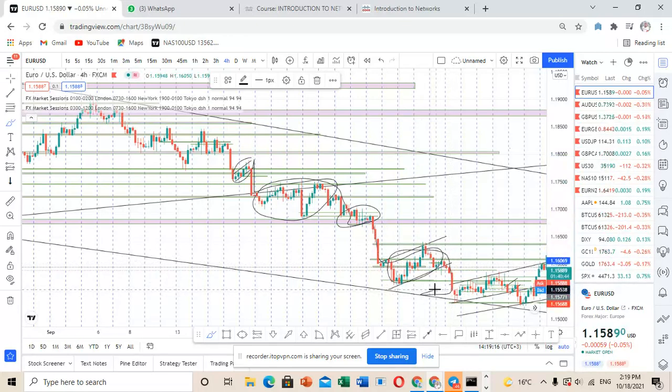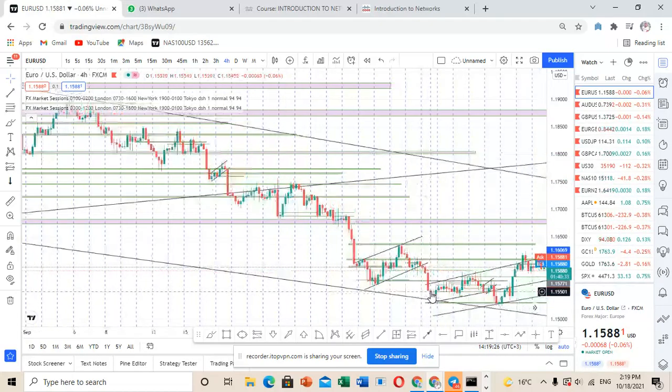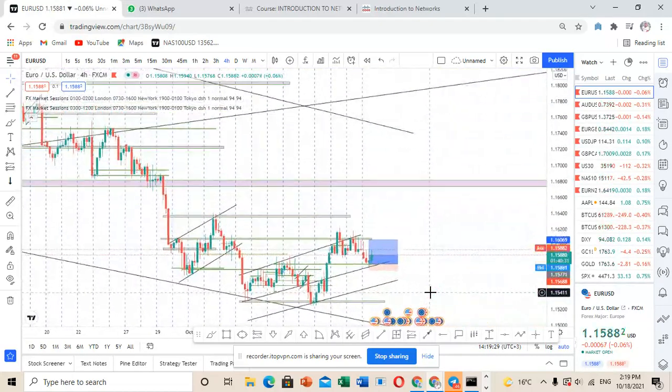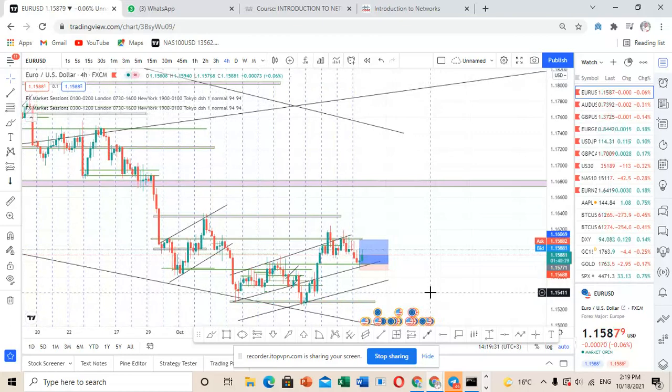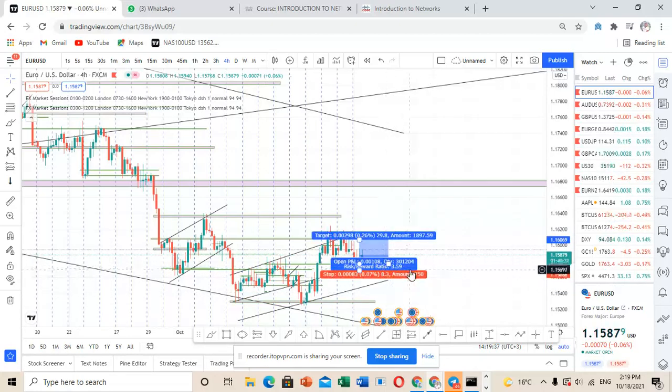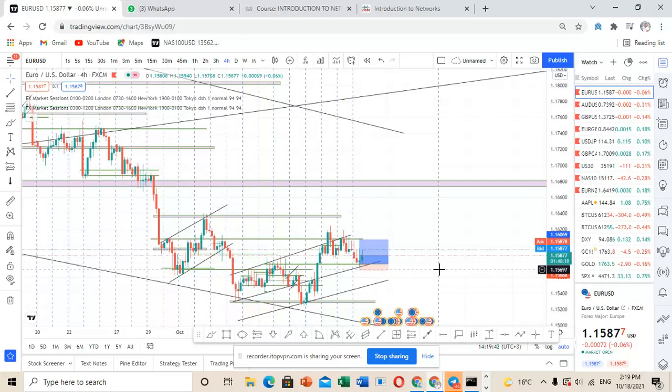So out of that, what I'm currently expecting is a breakout toward the downside. The only thing that is left is to know the specific point where the markets are going to create that breakout to the downside.